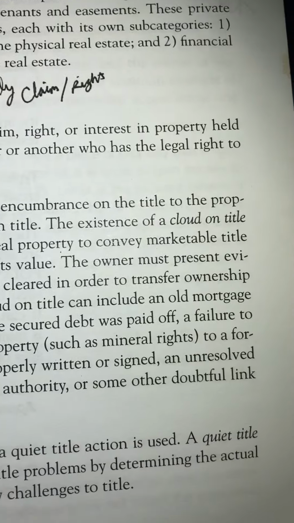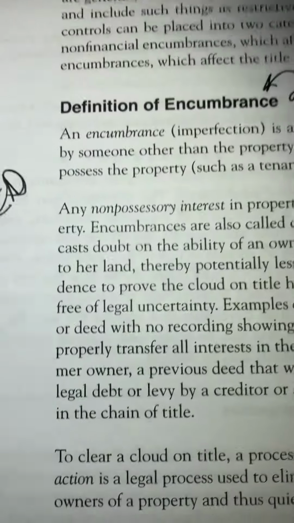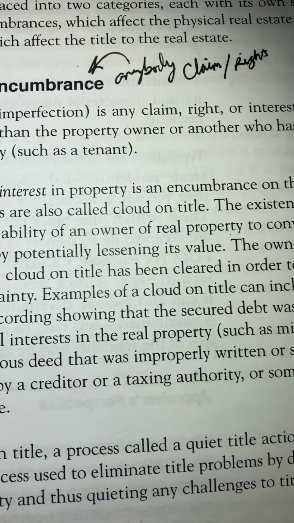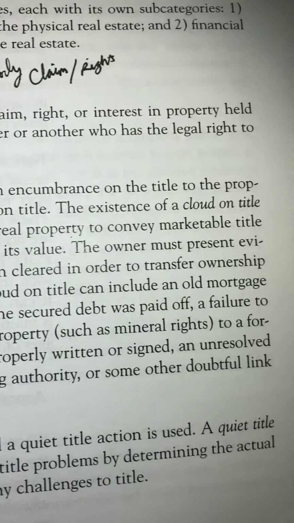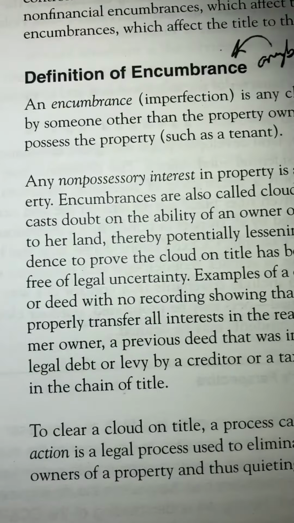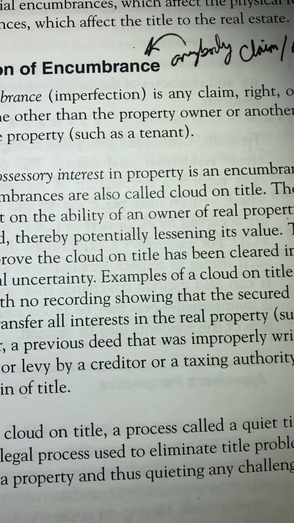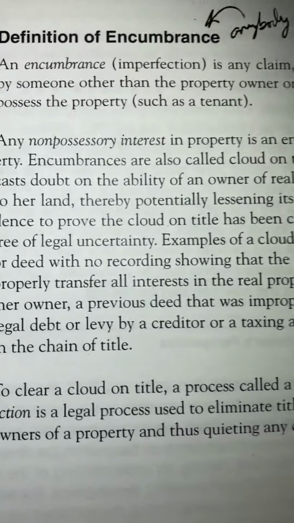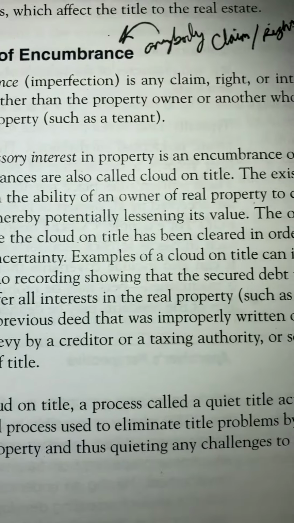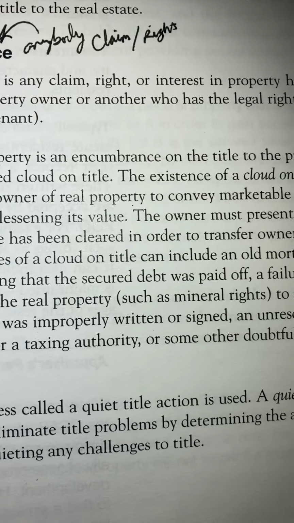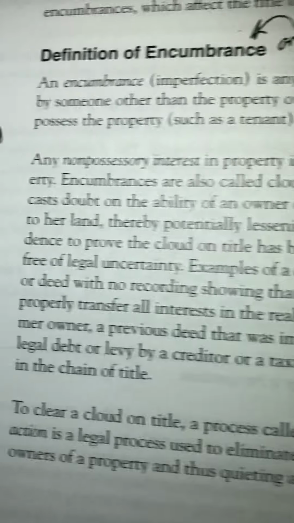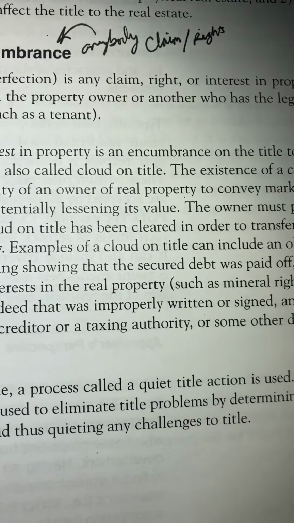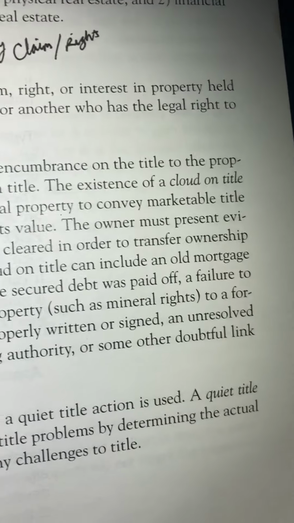Examples of a cloud on title can include an old mortgage or deed with no recording showing that the secured debt was paid off, a failure to properly transfer all interests in the real property, such as mineral rights, to a former owner, a previous deed that was improperly written or signed, an unresolved legal debt or levy by a creditor or a taxing authority, or some other doubtful link in the chain of title.